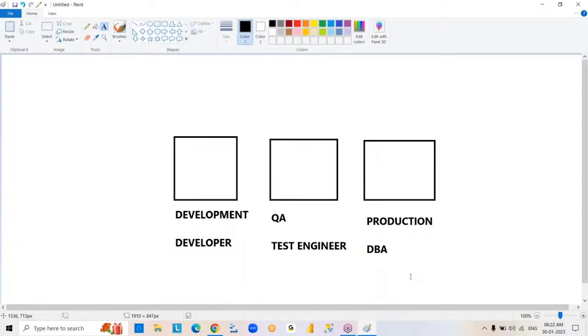That's why based on type of server, we are going to work with different versions of the SQL, different editions of the SQL. Right. Now let's go to next scenario.